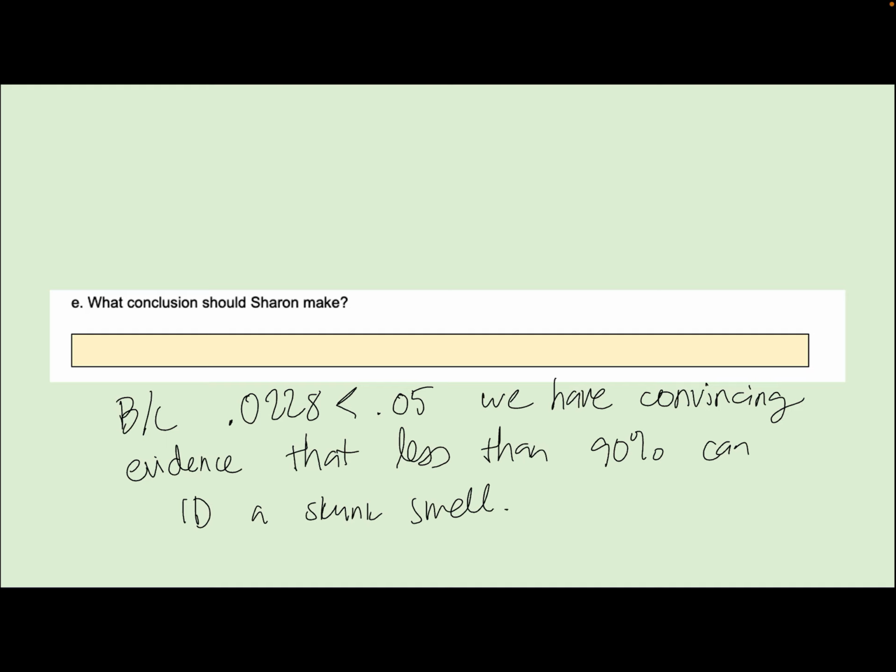The chances of us getting 0.84 are so small if the 90% were true that just that one result gives us evidence that the true value for the population is less than 90%. All right, that's it for part 3.